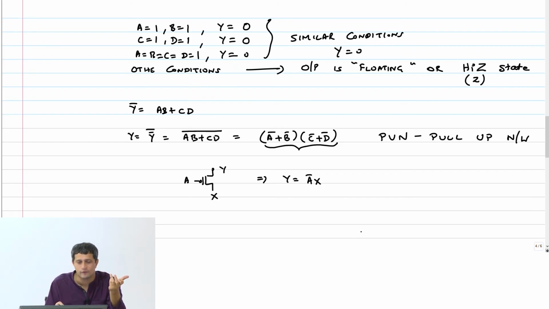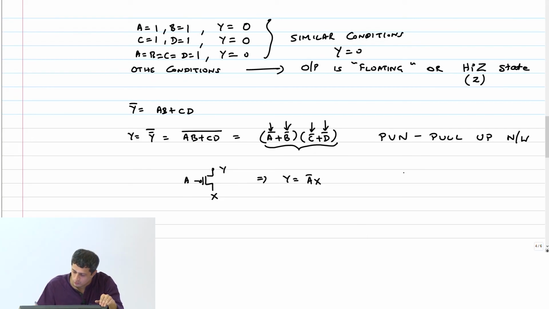And therefore, this is an active low switch. So when you see an A bar, you actually just need to connect A to that PMOS transistor. Here, look at this. This one, and this one.